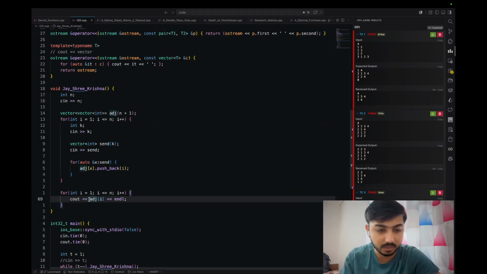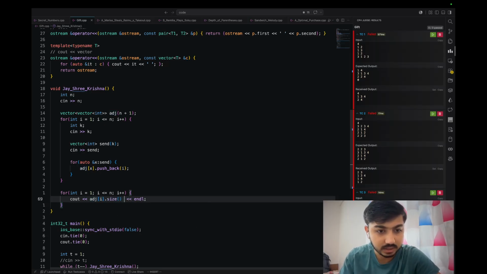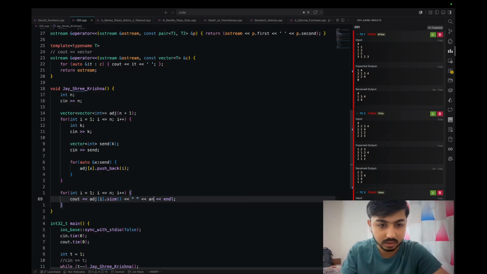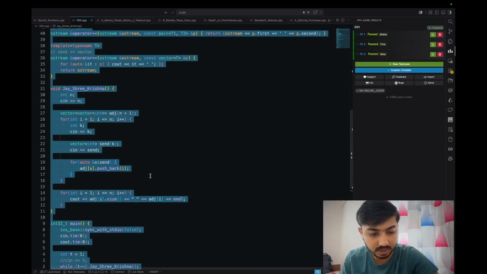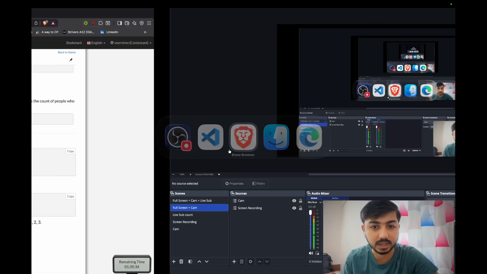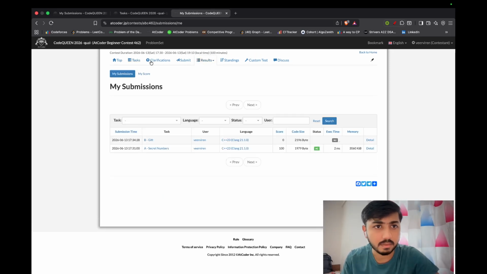Okay, no problem. So what we'll do is dot size, then we'll print this size. Cool. Yeah, we passed all the sample test cases. Let's submit.